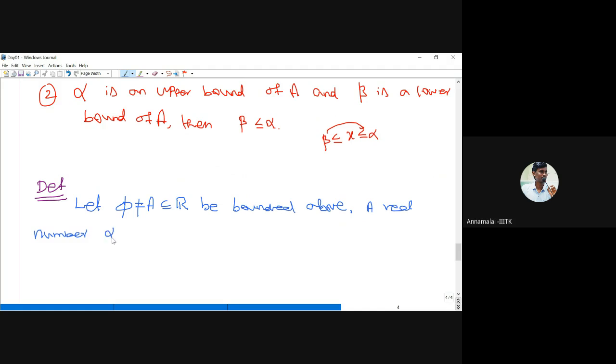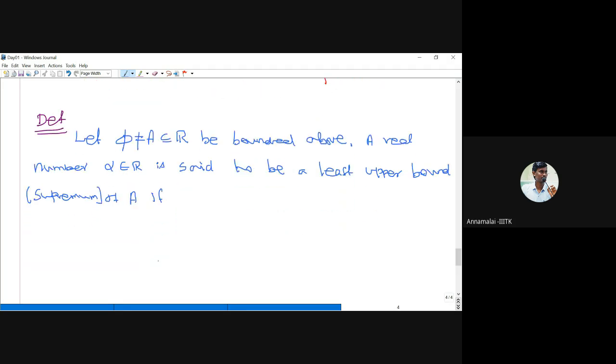A real number alpha is said to be a least upper bound, sometimes called supremum of A, if so, when we say alpha is a least upper bound, first of all, alpha should be an upper bound.